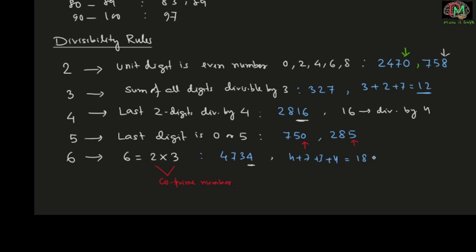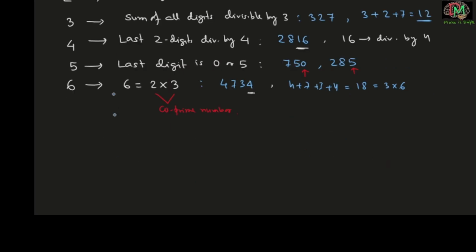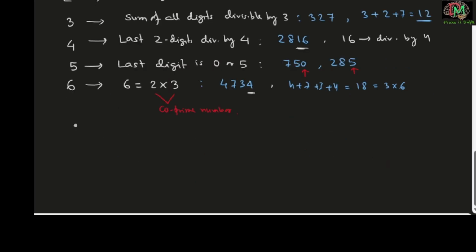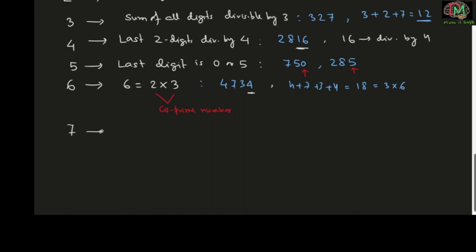So 18 is divisible by 3. So this number is divisible by both 2 and 3. So we can say that 4734 is divisible by 6. Clear?